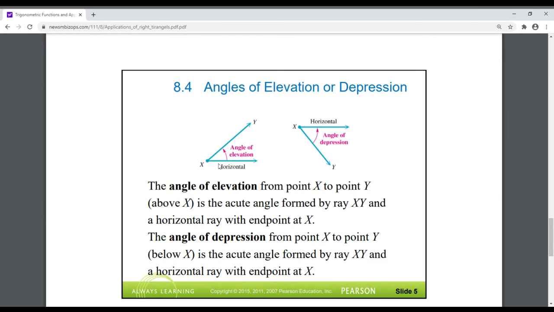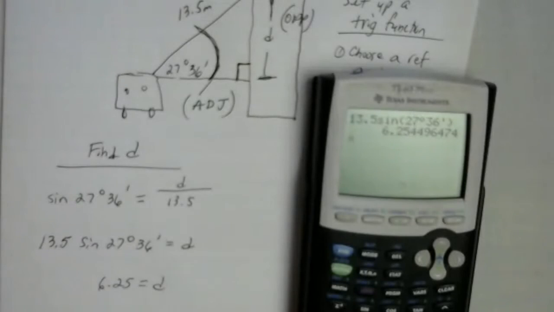If your terminal side is above the horizontal, you have an angle of elevation. If your terminal side is below your horizontal, that's simply called an angle of depression. There is a homework problem that deals with this concept, and it is problem number 10, I believe. We're going to take a look at number 10.